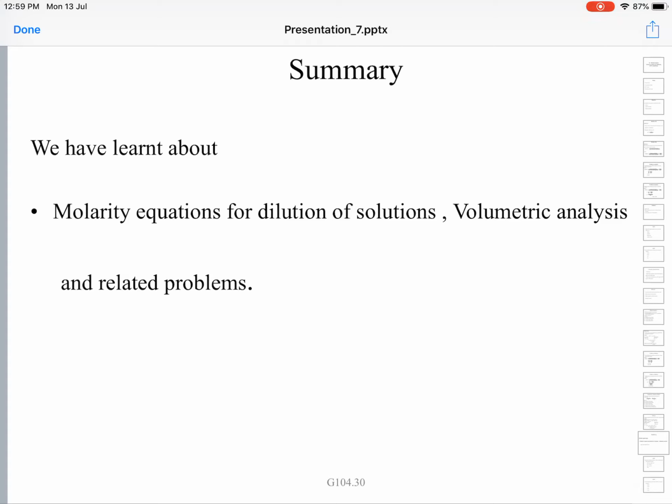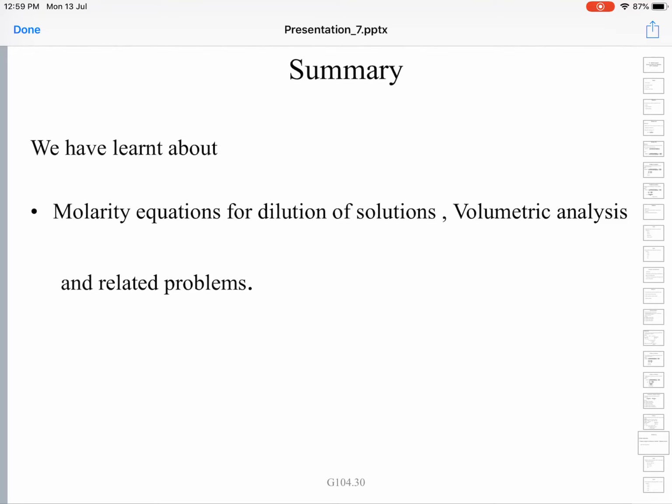From the beginning, what we have done today, we have learnt the molarity definition, the molarity formulae. We worked out quite a few problems on the molarity. Then we went for molarity equations for dilute solutions and molarity equations for volumetric analysis, and the related problems also we have seen here.